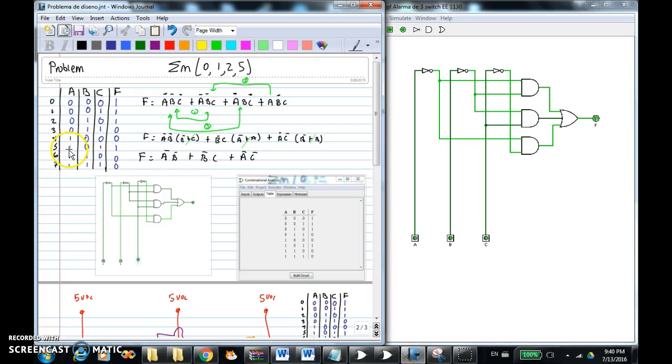I'm sorry, A on, B off, and C on. The other ones must be zero. This is made using all the theory that I showed you in this learning module. Well, I hope you understand that.